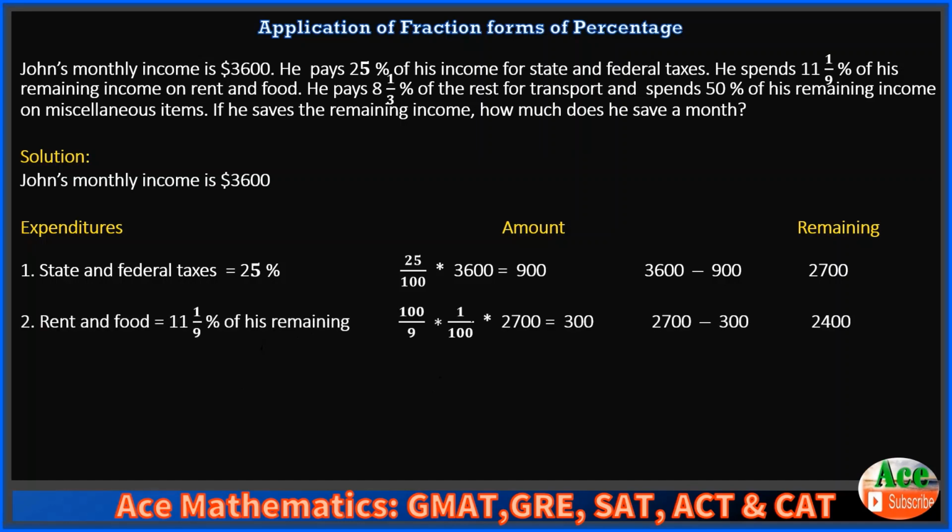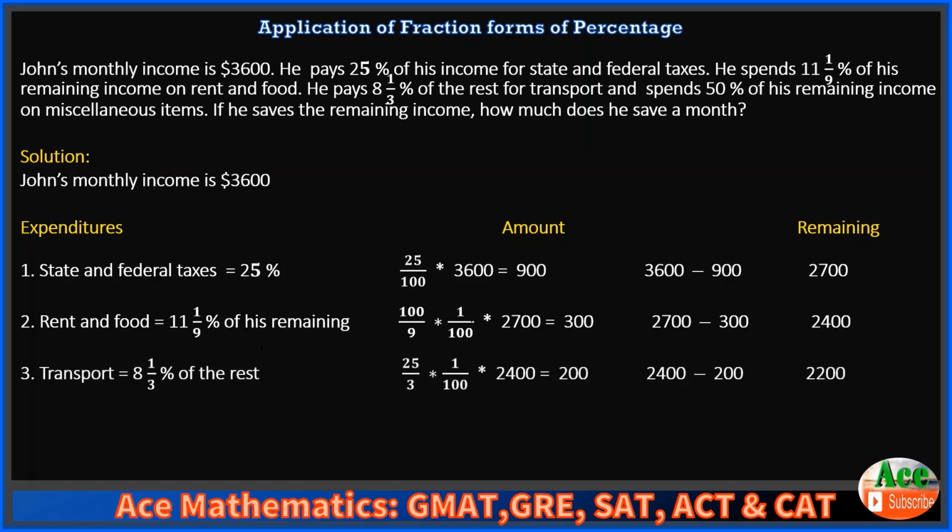2. Rent and food equals 11 and 1/9% of his remaining. That is 100 by 9 multiplied by 1/100th multiplied by 2,700, that is 300. 2,700 minus 300 equals 2,400 is the remaining. 3.